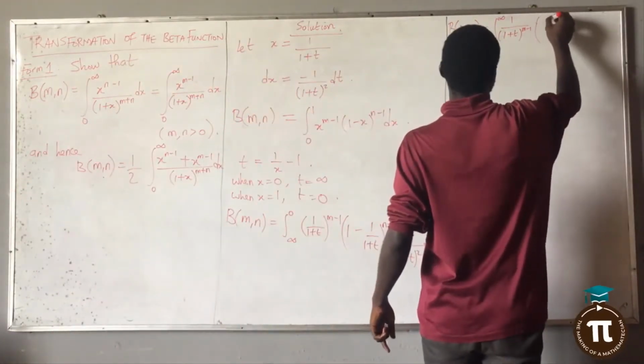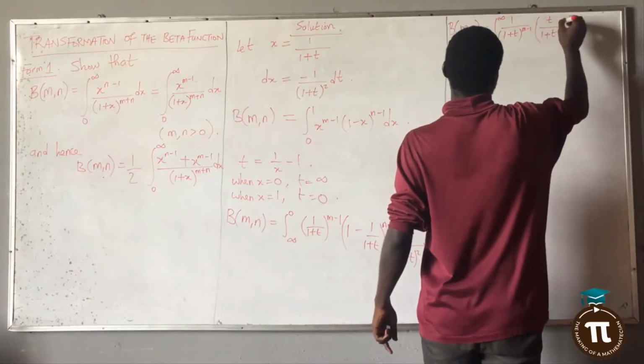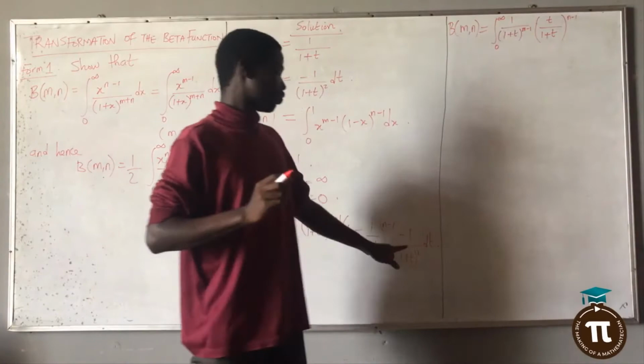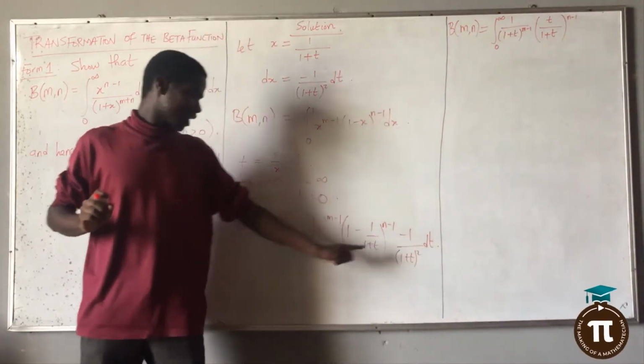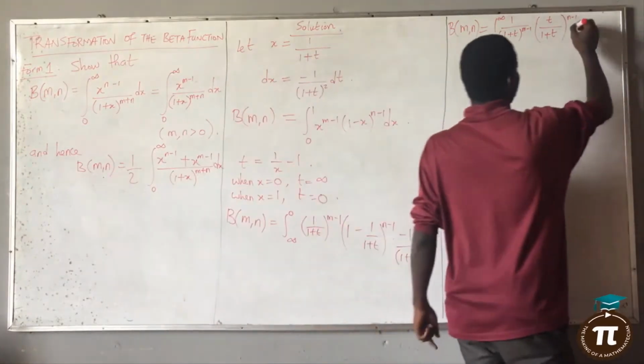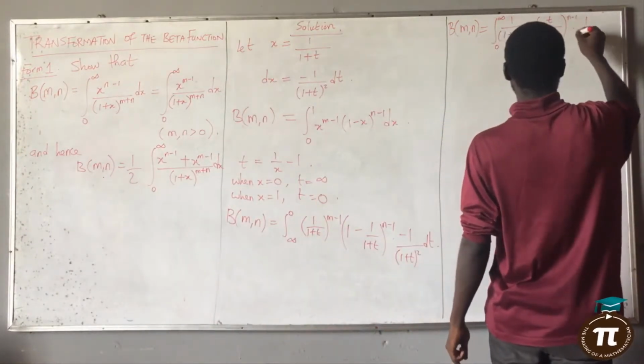So I will have t over 1 plus t raised to the power of n minus 1. I told you we have taken away this negative by swapping the bounds. I have multiplied by 1 over 1 plus t all squared.